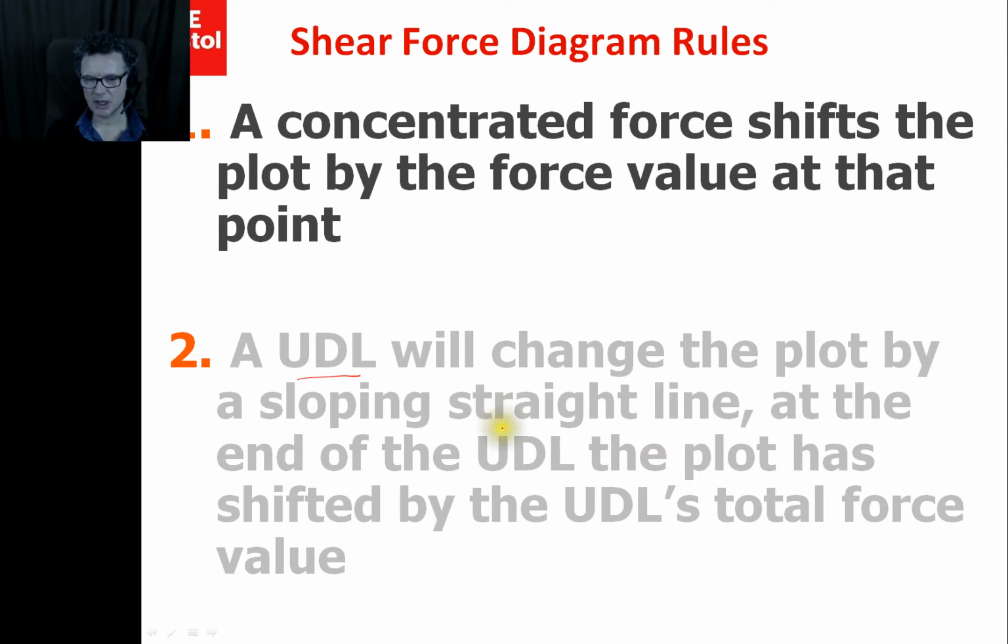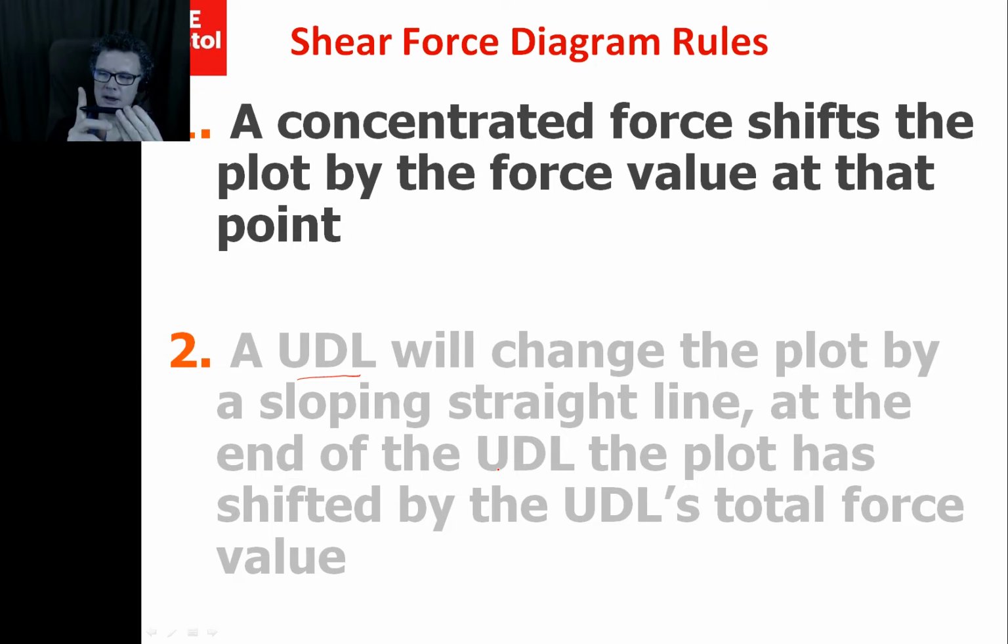For this particular case, if you imagine this was let's say a solid UDL, well, if we're summing up forces to the left of it, initially there's going to be no force to the left of it, as I start at that position there. But then I'm going to hit my first reaction, and as I move past the reaction, I'm going to get this sudden peak.